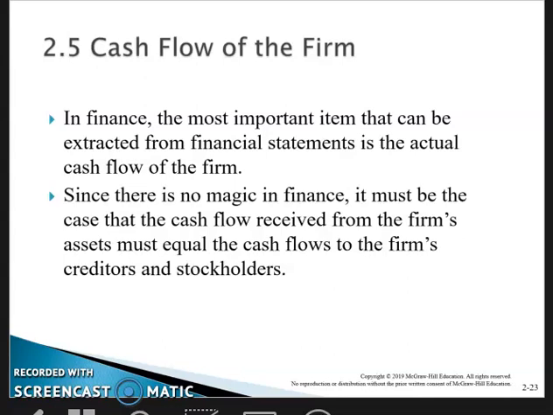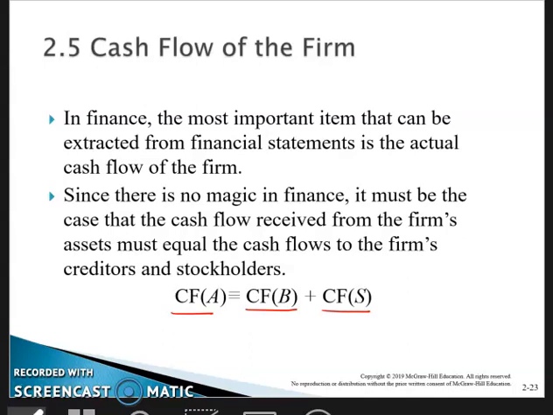The cash flow received from the firm's assets has to equal the cash flow to the firm's creditors and stockholders. We have an accounting relationship for that: the cash flow from assets has to equal the cash flow to bondholders plus the cash flow to equity or stockholders.